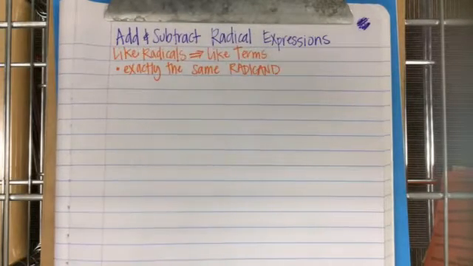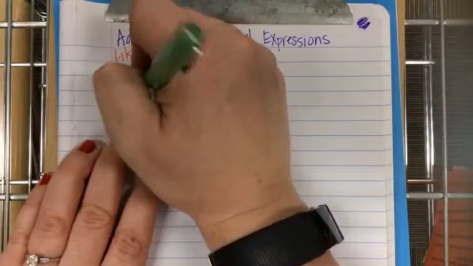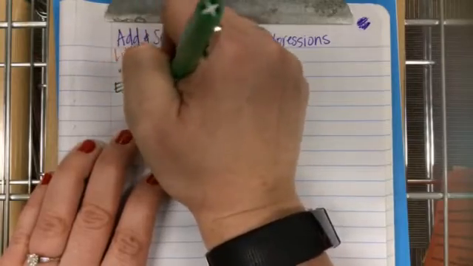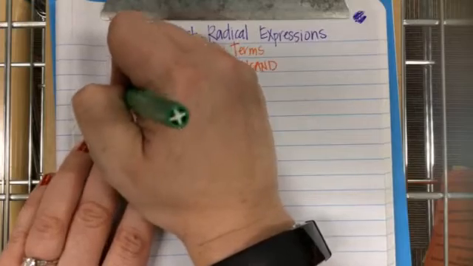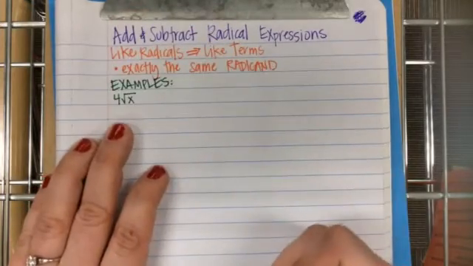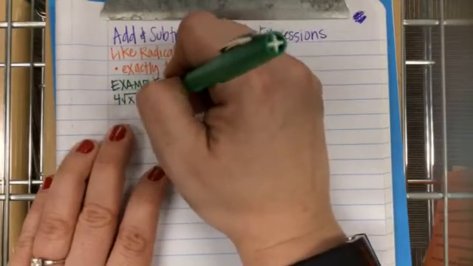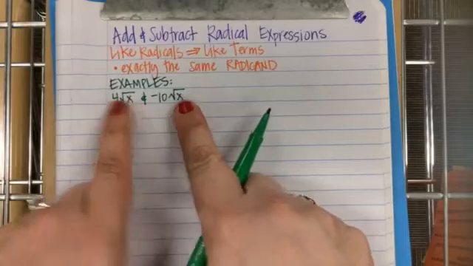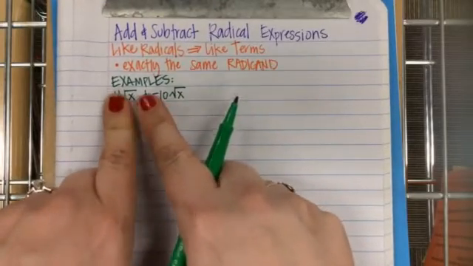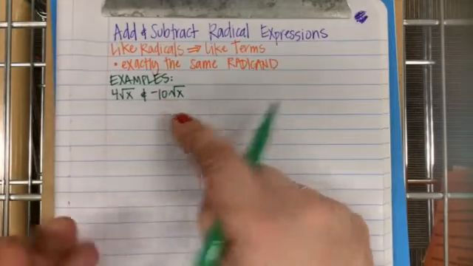So, let's talk examples versus non-examples, just to give us a little bit of an idea. Examples would be 4 radical x and negative 10 radical x. Those are exactly the same radicand, so they could be combined. I could do 4 minus 10 to get negative 6 radical x.